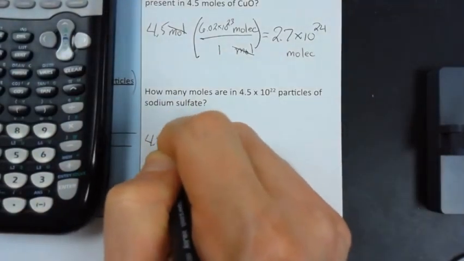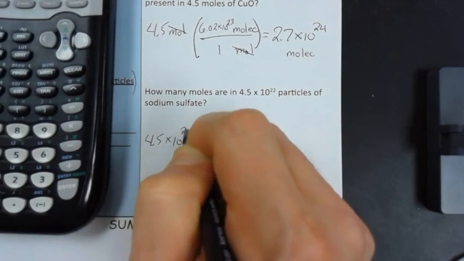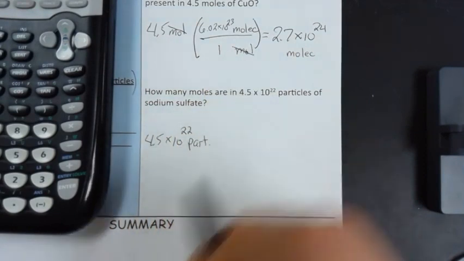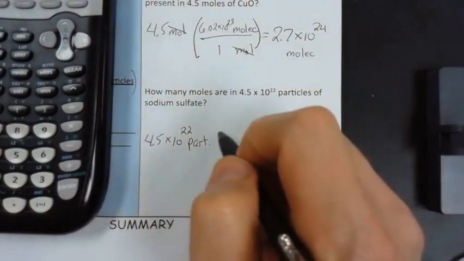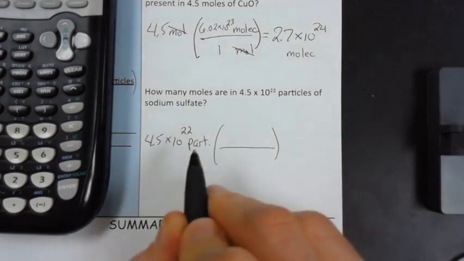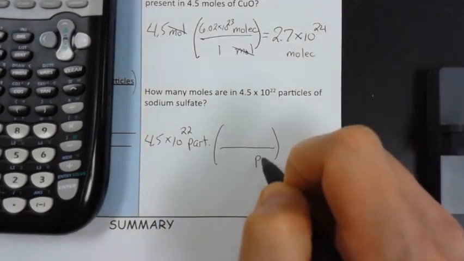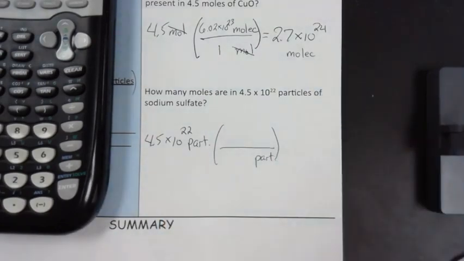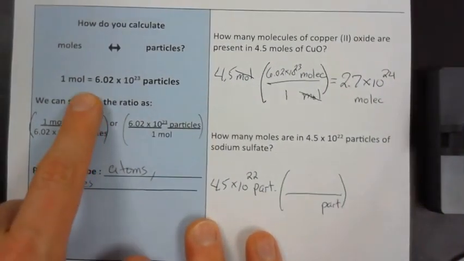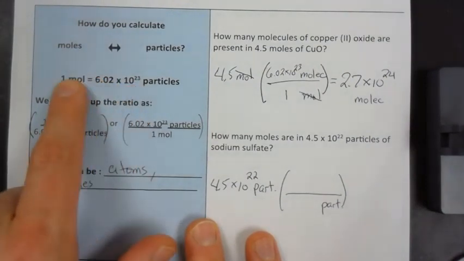Okay. So in the second example problem, we're now starting with a certain number of particles. So we've got 4.5 times 10 to the 22nd, and then the abbreviation for particles can be just part. And again, our whole purpose here is driven by that label. So particles is going to go in the denominator. And again, we've got that equation that says this number of particles is equal to 1 mole.